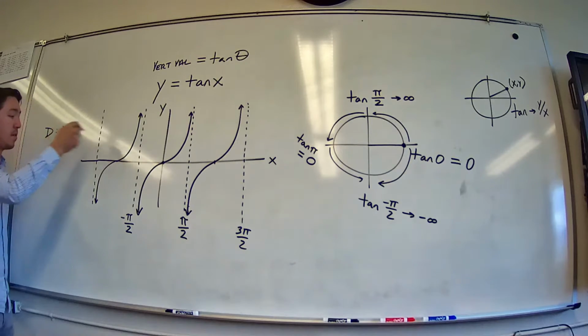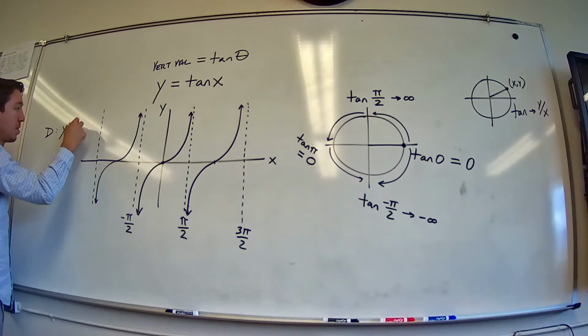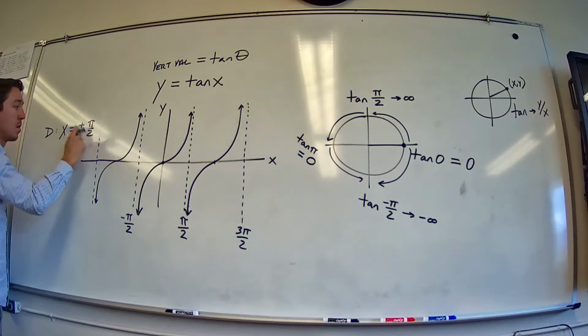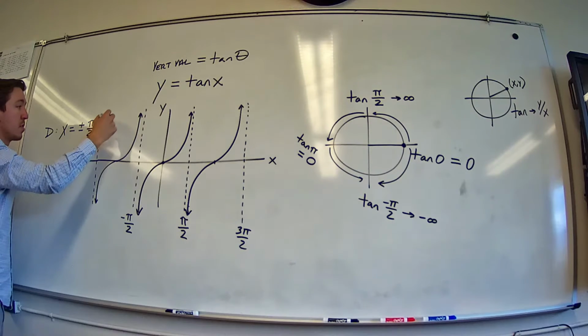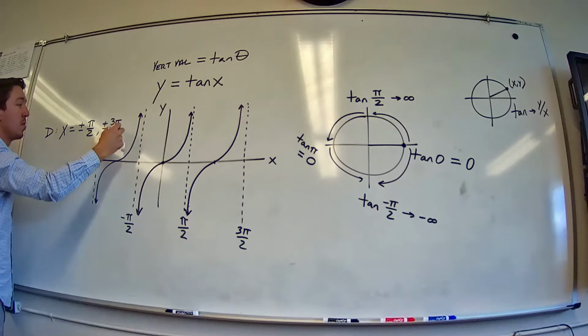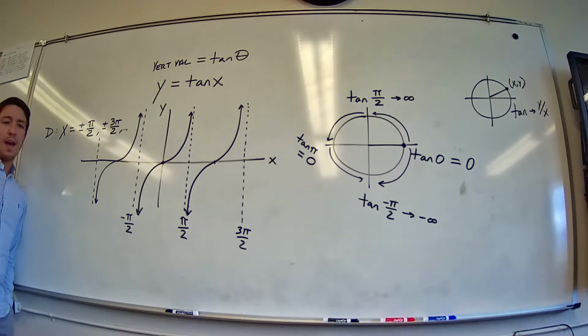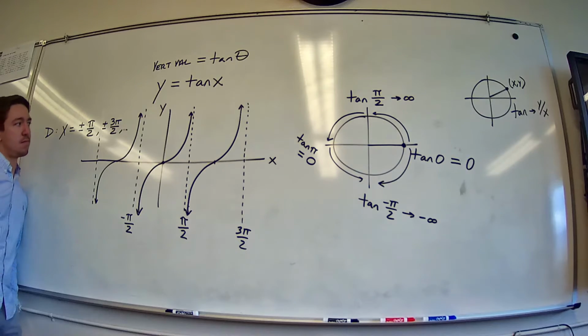Pi over 2. Plus or minus pi over 2. Plus or minus 3 pi over 2, and so on. Any half multiple of pi is going to be an issue, right? It's going to be an asymptote. So the dots are acceptable here? Yeah. Okay.